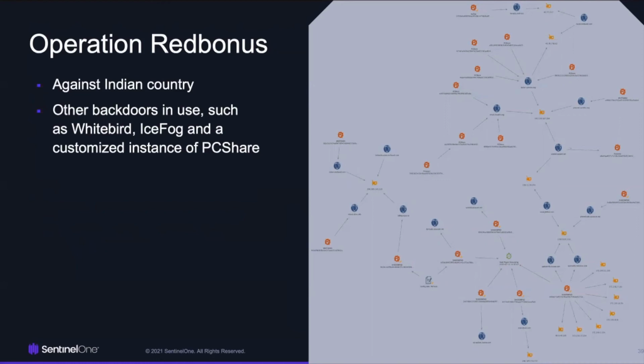All the samples we collected from Operation Red Bonus were running the same version of ShadowPad. During our investigation, we also spotted other backdoors in use, such as Whitebird, IceFrog, and a customized instance of PlugX. The actors show interest in Indian targets with several DDoS domain tools spoofing some Indian institutions.